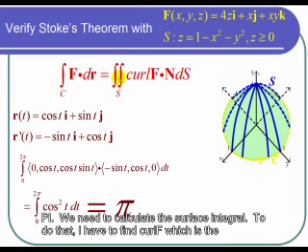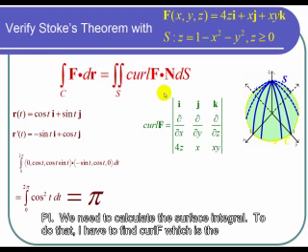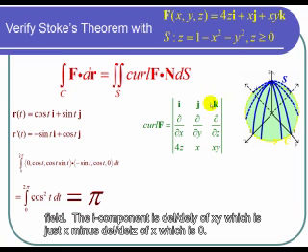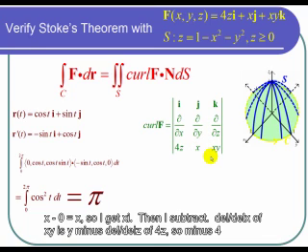So we need to calculate the surface integral. And to do that, I have to find the curl of F, which is the determinant of the matrix i, j, k, del over del x, del over del y, del over del z, 4z, x, xy, because that's our vector field. So the i component is del over del y of xy, which is just x, minus del over del z of x, which is 0. x minus 0 is x.